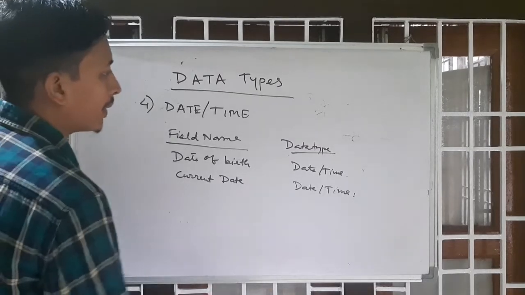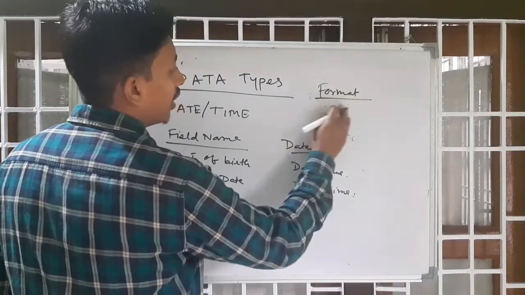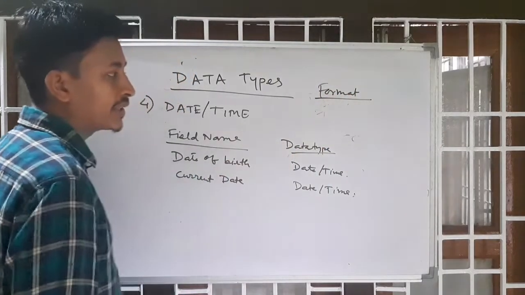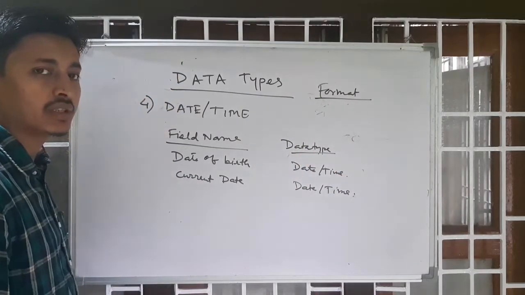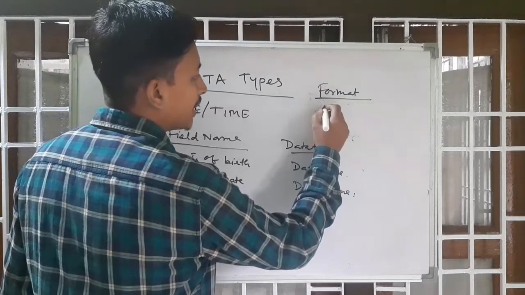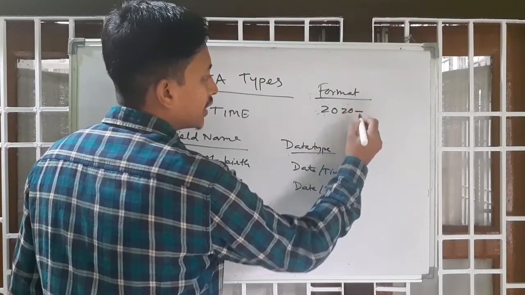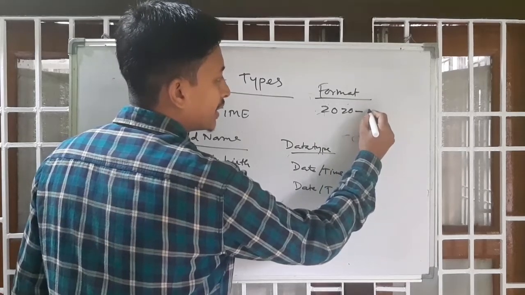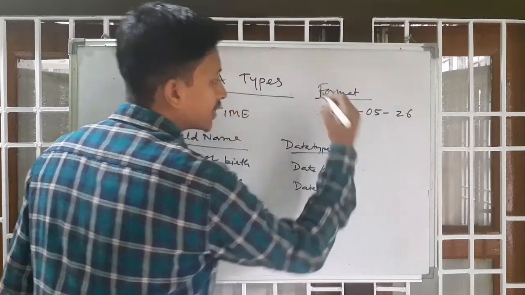For example, the formats like, now the date is 26 May 2020. So first, sometimes the year comes, 2020, then the month, 5, and the day, that is 26.